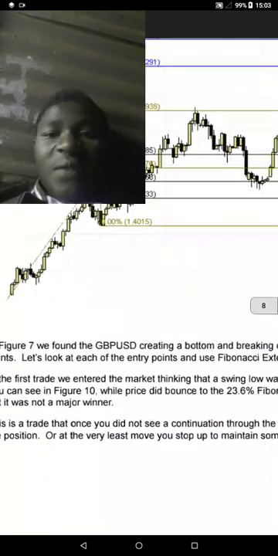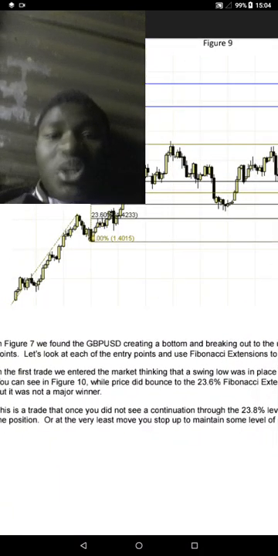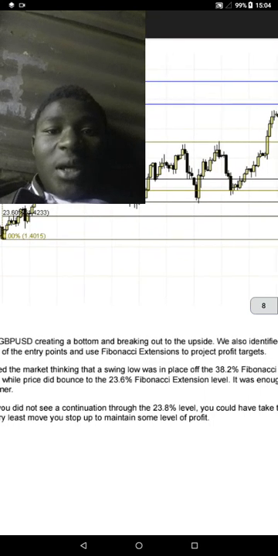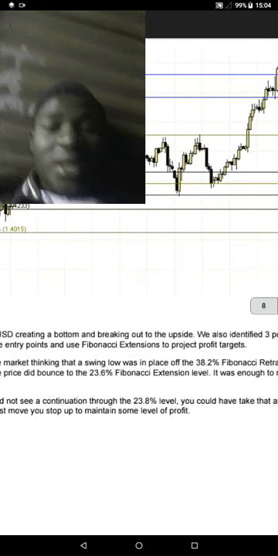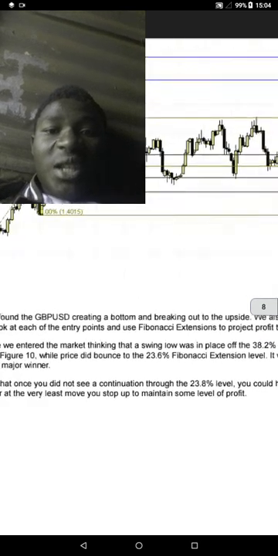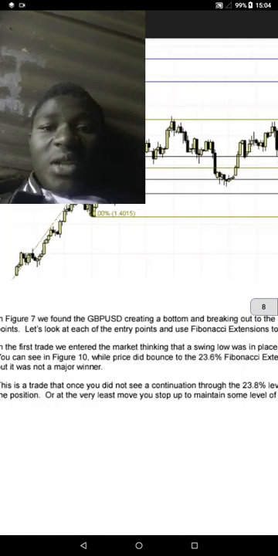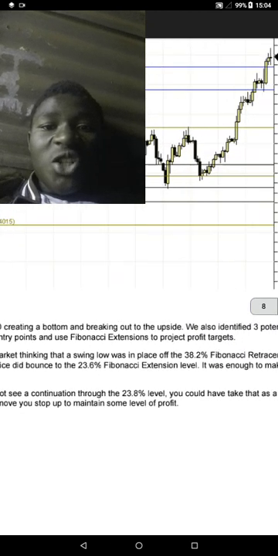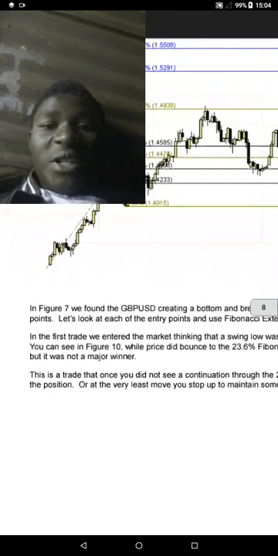Let's proceed. In figure 7, we found that GBP/USD was creating a bottom and breaking out to the upside. We also identified three potential entry points. Let's look at each of the entry points and use a Fibonacci extension to project a profit target.